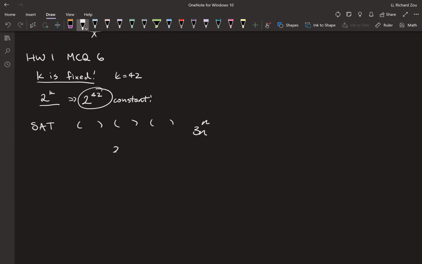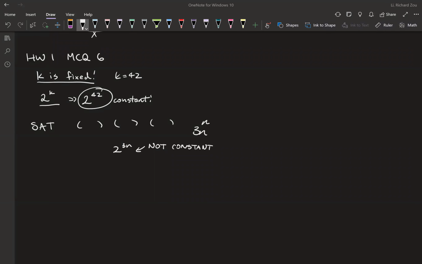Then looking at 2 to the 3n, that's definitely not constant. So in general, when you see that k is fixed or something, that should bring up red alarm bells saying there's something going on here where we can substitute this fixed value into an equation and make something that looks exponential actually be constant.